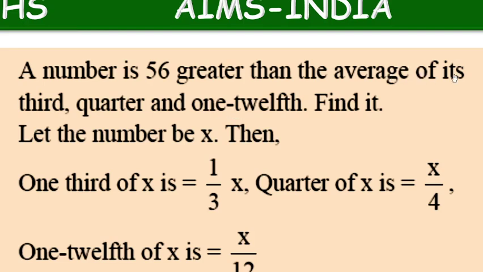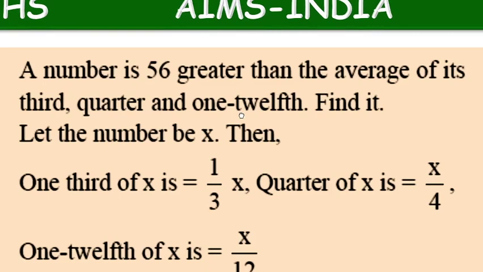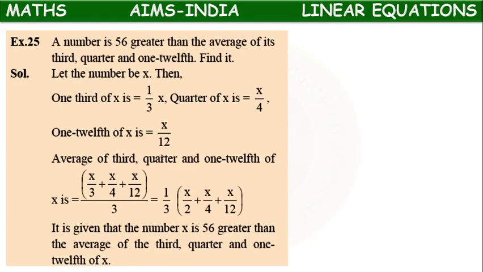Here the given value is 56. Suppose a number x is there, it is 56 greater than the average of what we have to take: 1/3, 1/4, and 1/12 of the same number. Then we have to find the number.